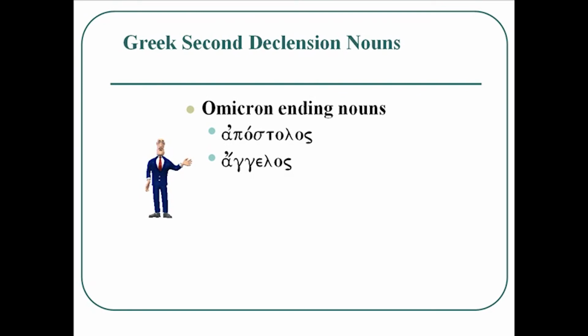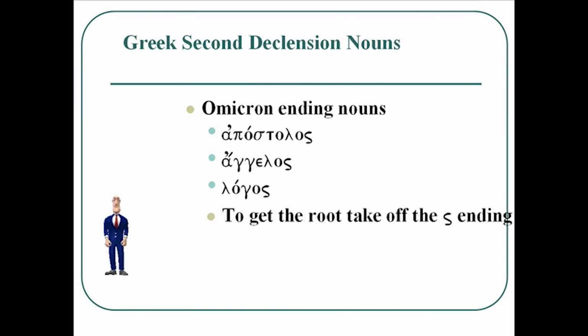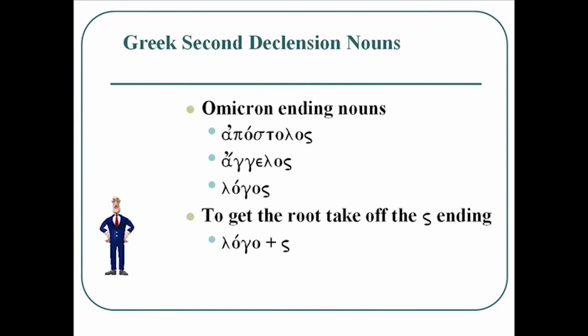Angelos, or angel. Logos, word. To get the root, you just slide off the sigma, and then the omicron is exposed, indicating that it's a second declension noun.